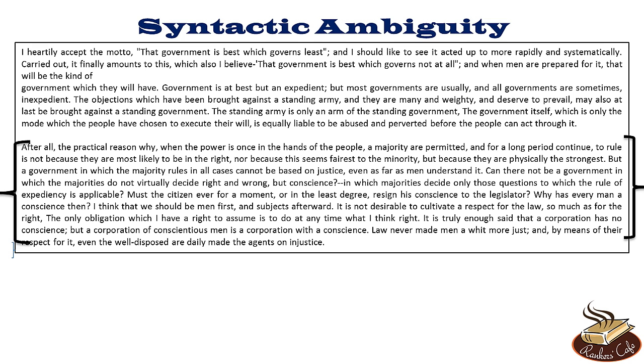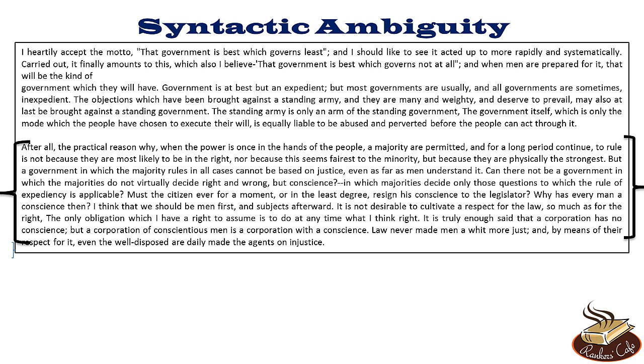But a government in which the majority rules in all cases cannot be based on justice, even as far as men understand it. Can there not be a government in which the majorities do not virtually decide right and wrong, but conscience? In which majorities decide only those questions to which the rule of expediency is applicable?